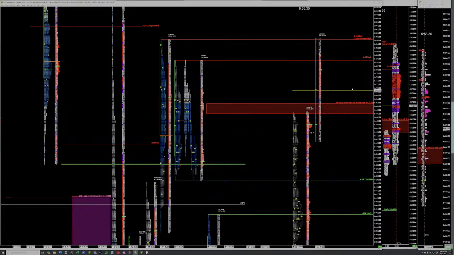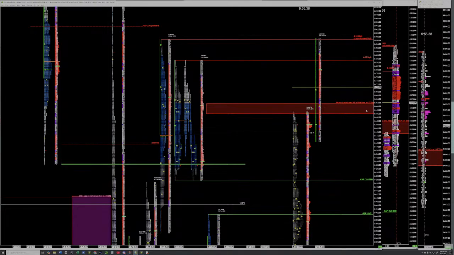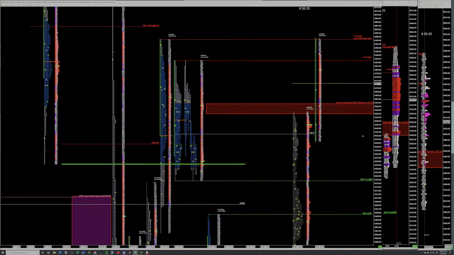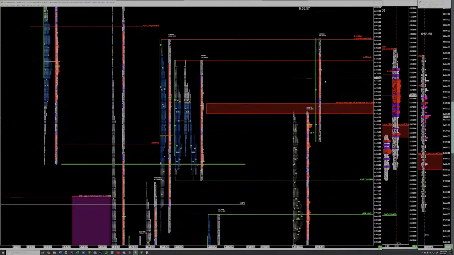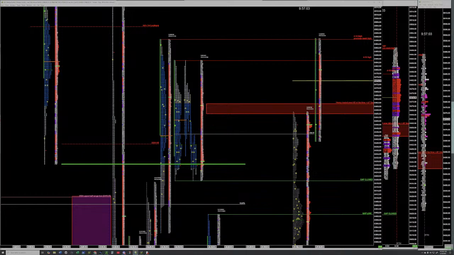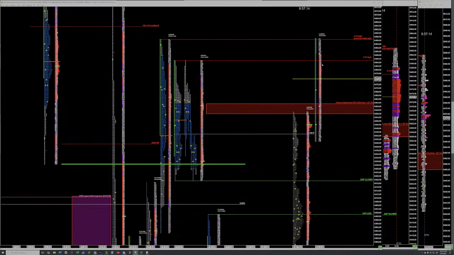I need to give the market some time here. And this kind of movement to the upside, the way it happened, I see those kinds of things as opportunities to enter the market here, right?